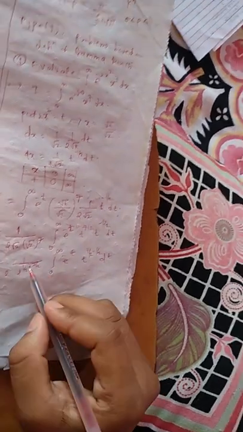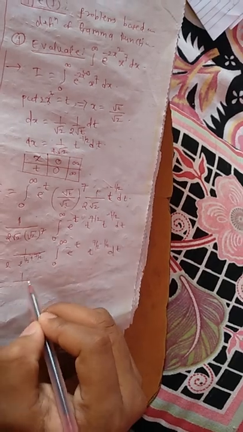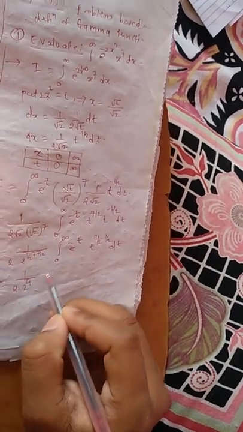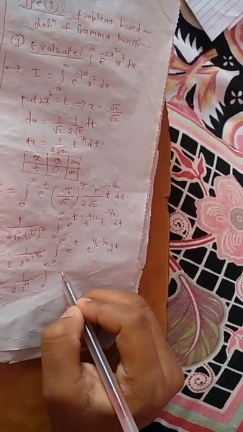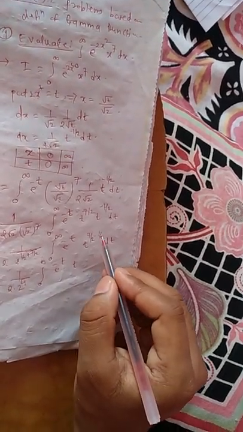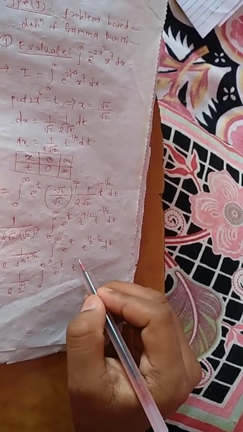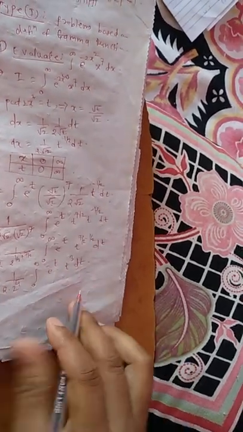Simplifying further, 1 by 2 plus 7 by 2 is 8 by 2, that is 2 raised to 4. So 1 upon 2 raised to 4 integration 0 to infinity e raised to minus t, and 7 by 2 minus 1 by 2 is t to the power 6 by 2, that is 3 only dt.